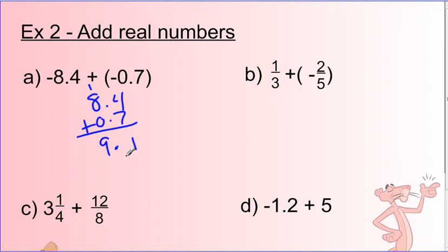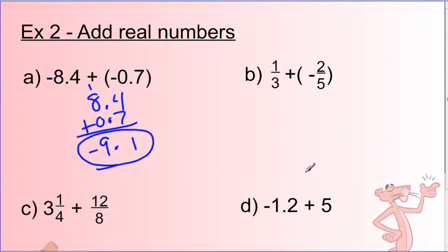Keep the sign of the bigger number, negative. So I get a negative 9.1. With decimals, you line up the decimals, then add like normal, or subtract if you need to, and then put down the correct sign with your answer.